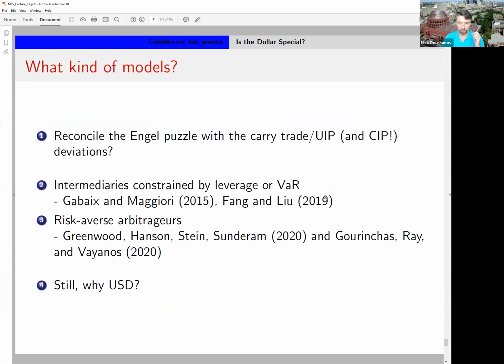Well, this is a field that is wide open, and of course there is a lot of work being done in this area. One thing I promised I would mention, this work on quantity, sort of demand-driven fluctuations. There's this recent work by Greenwood, Hanson, Stein, and Sunderam, and Gourinchas, Ray, and Vayanos.